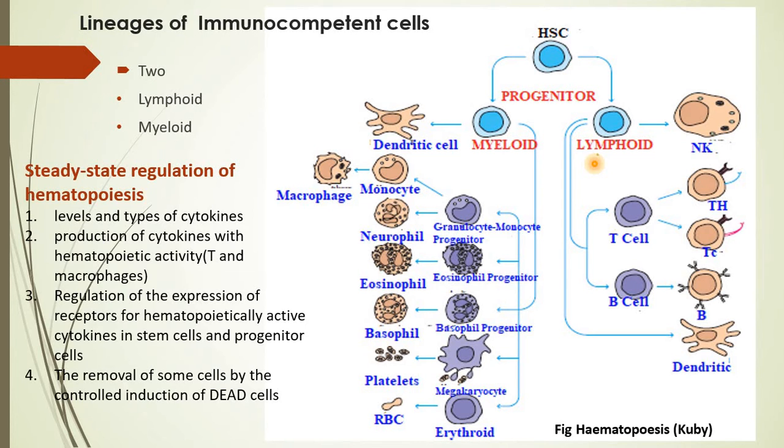These growth factors or growth regulators enable the HSC, that is the hematopoietic stem cell, to undergo differentiation, and this differentiation leads to formation of the myeloid as well as lymphoid progenitor cells. There are different steady state regulations observed in the process of hematopoiesis, and it totally depends on the level and the type of cytokines present in the stromal tissue.